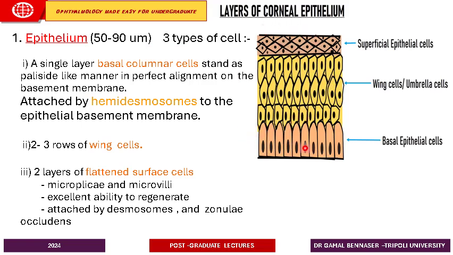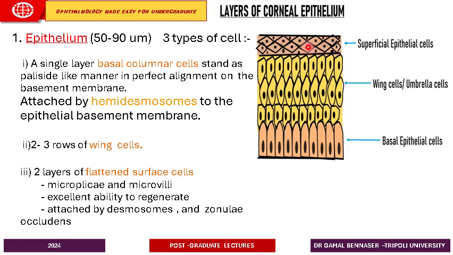The single layer of cells is the basal layer from below, which sits on a basement membrane and is attached to this basement membrane by hemidesmosomes. These are columnar cells sitting as palisades in a vertical manner, followed by another 2 to 3 rows of wing cells in the intermediate zone. And the last layer is the superficial epithelium, which is made up of 2 to 3 layers also, covered by microplicae to increase the surface area, as well as to be invaginated in the tear film.